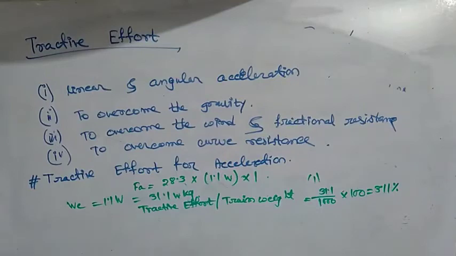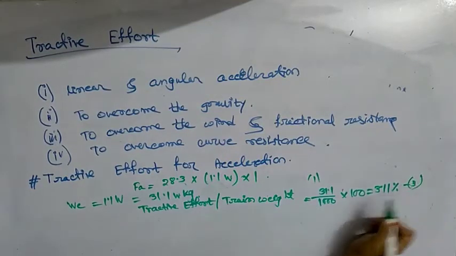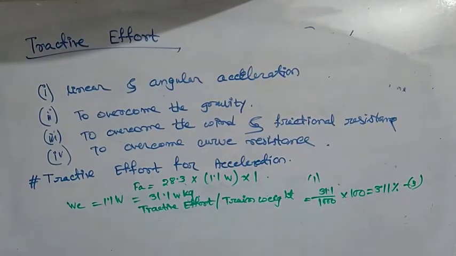Suppose this is equation 3. Now from equation 3 it is observed that tractive effort required to give an acceleration of 1 km per hour per second is 3.11% of the weight of the train, which is equivalent to 5% for an acceleration of 1 meter per hour.